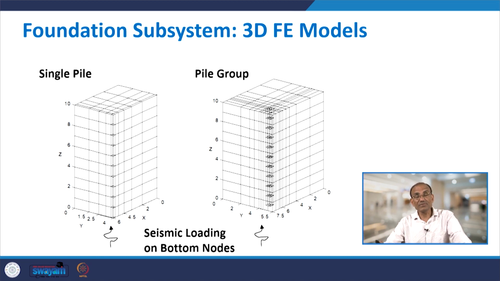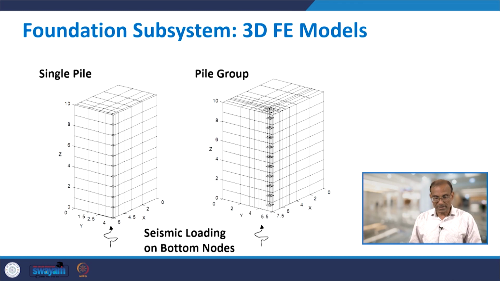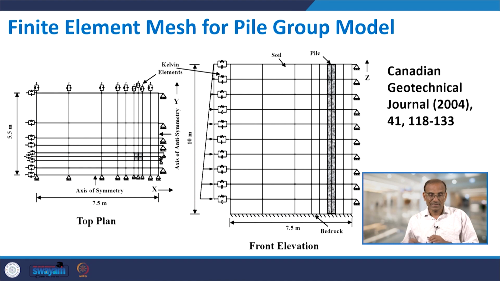So we consider one quarter of the model, and when you cut the model, you need to consider what we call the axis of symmetry and axis of antisymmetry. You need to apply these conditions, which are given here. For example, if I draw the plan of these models, it is the plan here and the front elevation in this case.